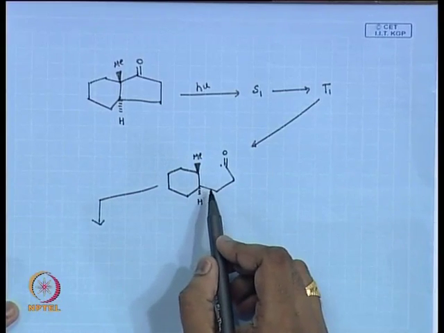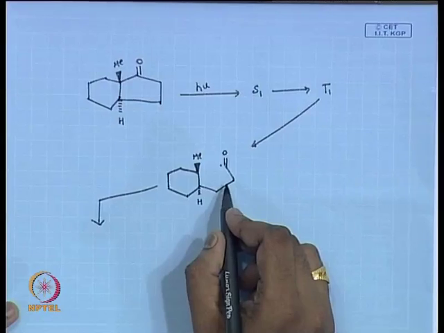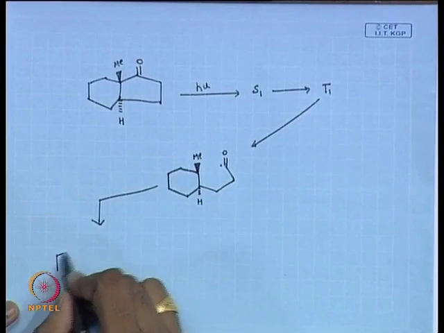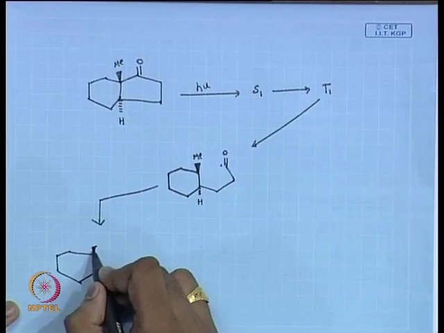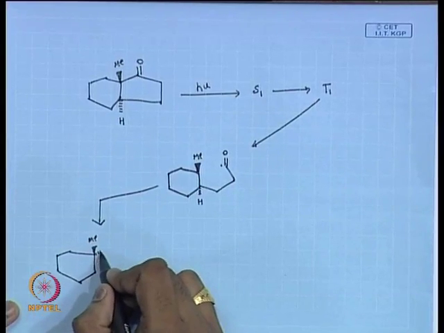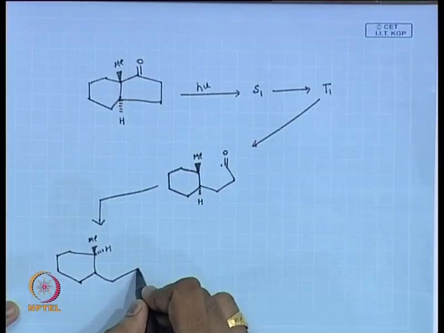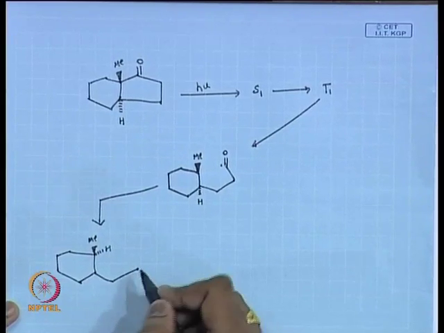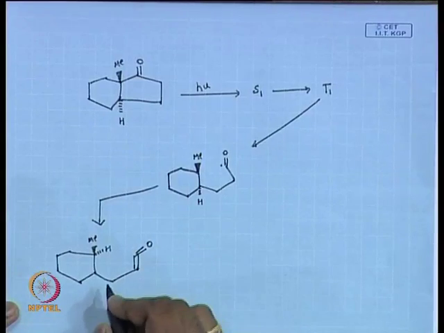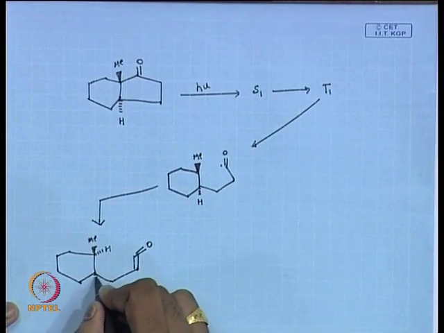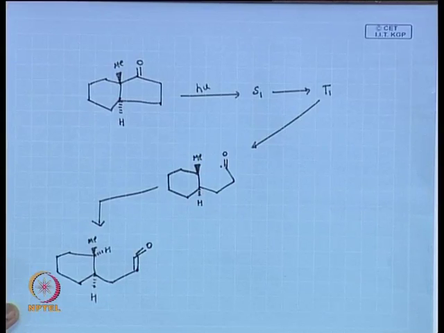I can abstract a hydrogen from here to give me a ketene.